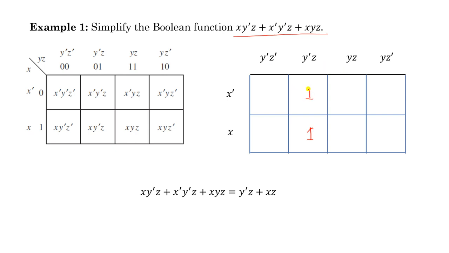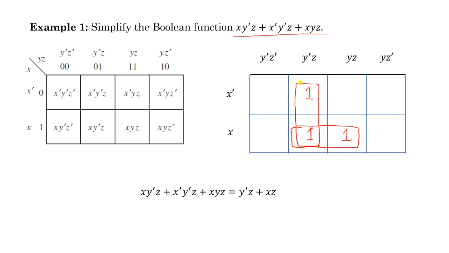So this is 1 for x dash y dash z. Finally x y z, this is x y z, this is 1. So three terms are there. So we have marked all these corresponding squares with 1. Now we have to form blocks. We can form a block of size 2 by 1 here, and a block of size 1 by 2 here. So in this way we can form two blocks to cover all these ones.